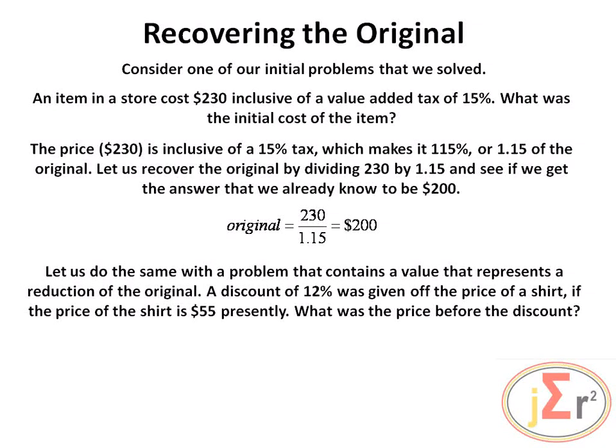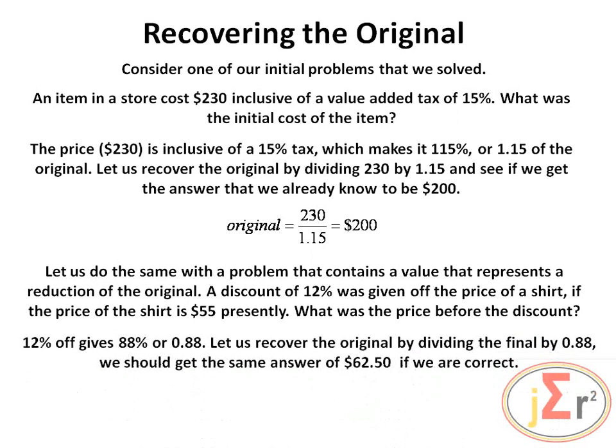So all we have to do is divide $55 by 0.88. 12% off gives 88% or 0.88. So let us recover the original by dividing the final by 0.88. We should get the same answer of $62.50 if we are correct. And we are indeed correct.